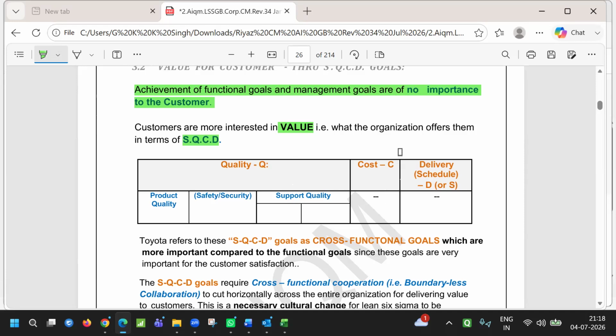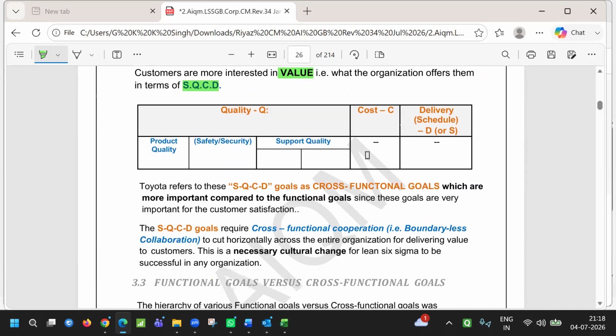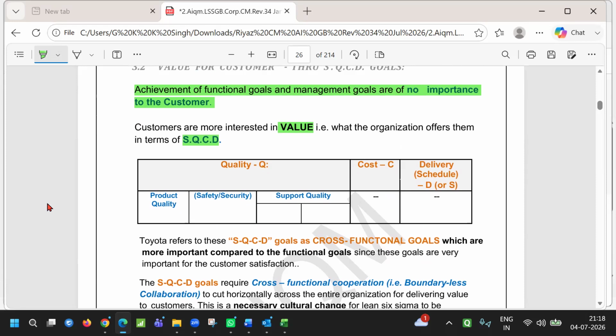Now these goals are helping the organization to deliver value to customers. Which department is responsible to deliver these goals? What do you think? Which department in the organization? All the departments. You're absolutely right.